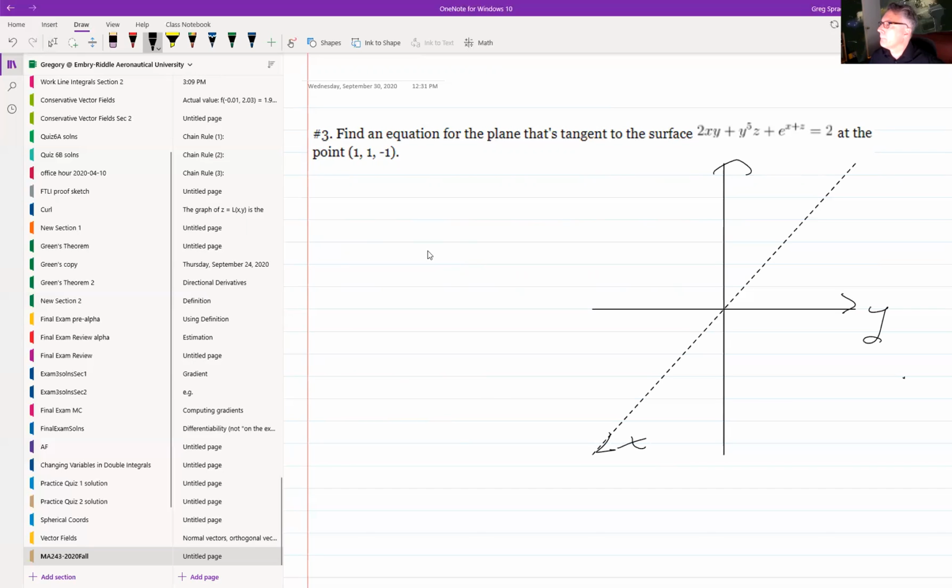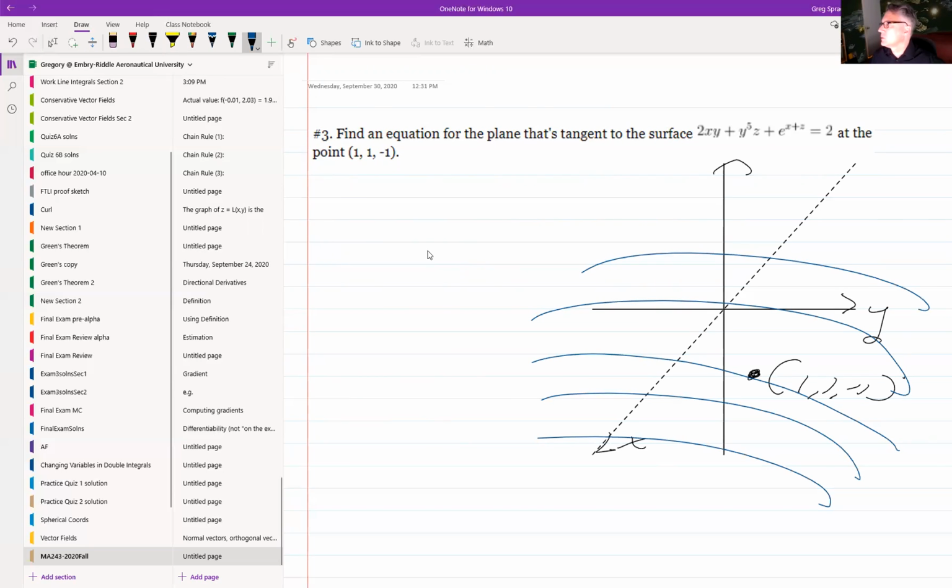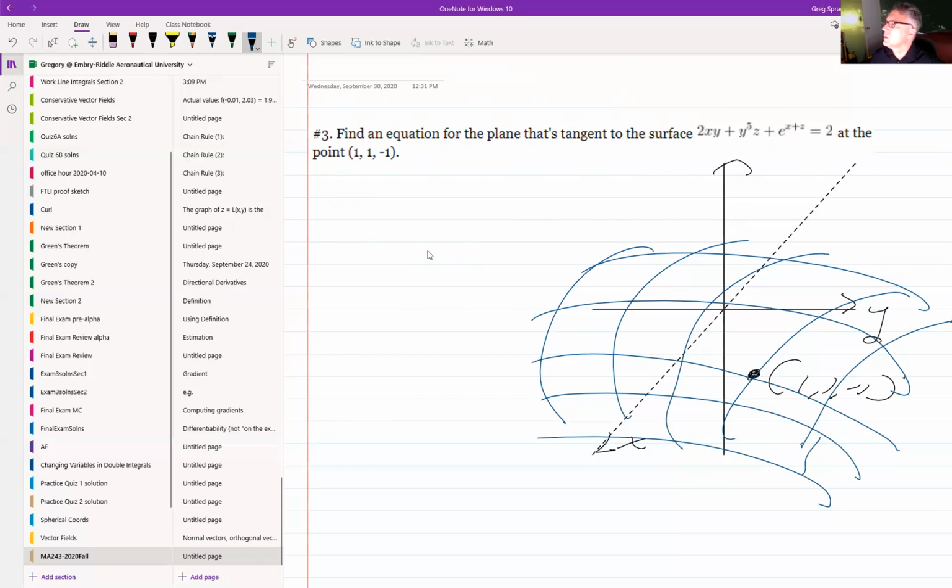Well, I can draw the point. And I'll pretend I know what the surface looks like. I'll draw some grid curves on the surface. Not an artist. Okay. Let's call that surface S. And we have a tangent plane.